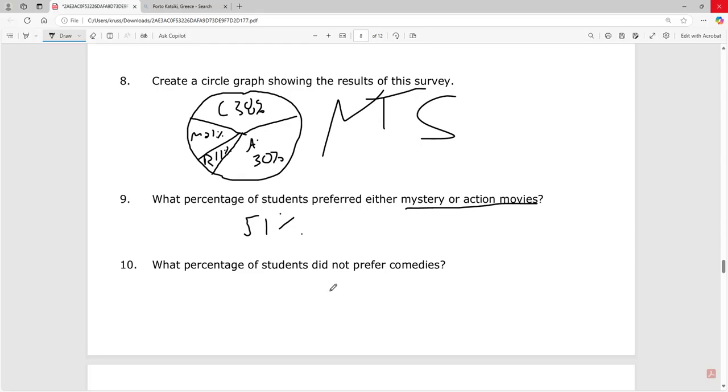Now, those who did not prefer comedies: everything was a comedy, 38%. So 100 minus 38% is, arithmetic is failing me right now, 62%. Hope that helped. That was a pretty easy one.